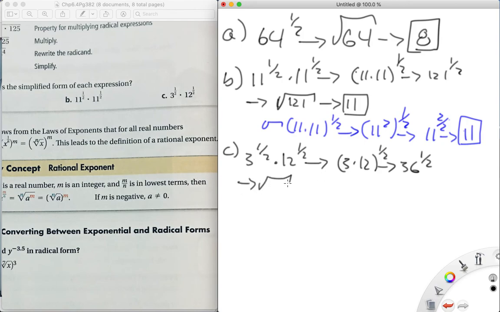Which is the square root of 36 if you want to do the radical, which is 6. That's one way of thinking about it. Another way of thinking about it is... no, we'll leave it like that. That's a nice way of thinking about it.